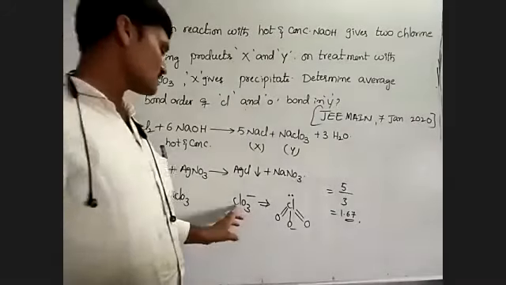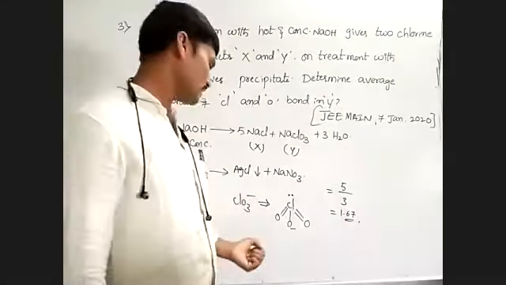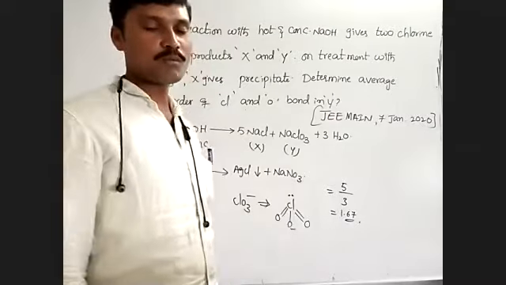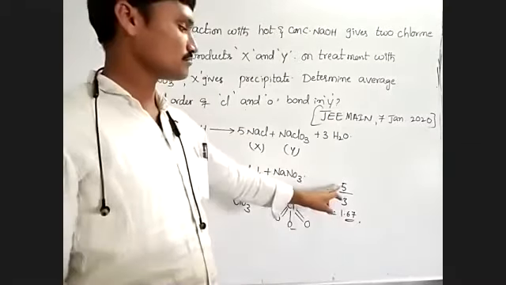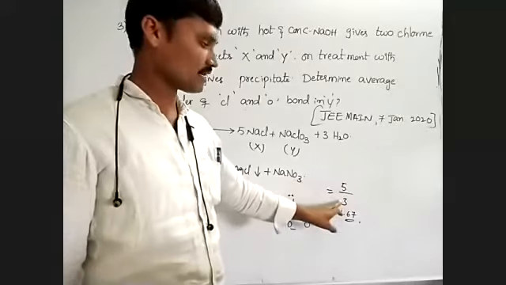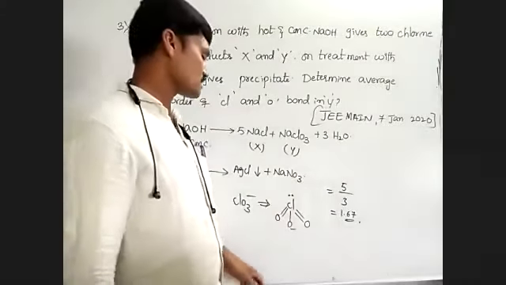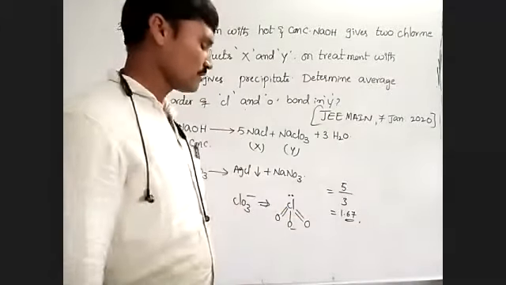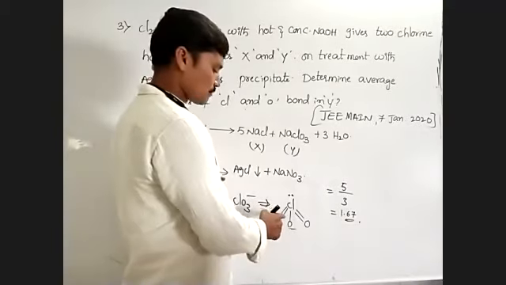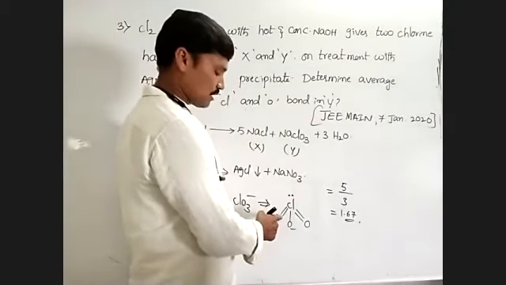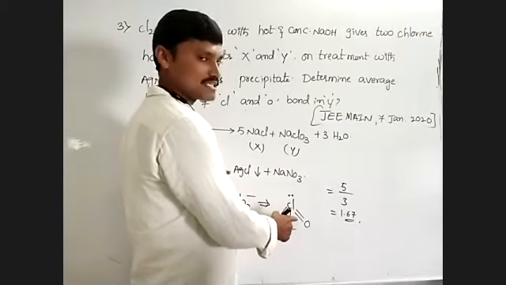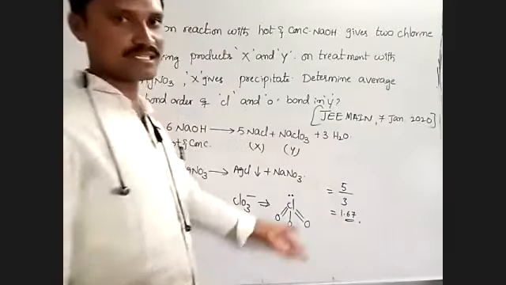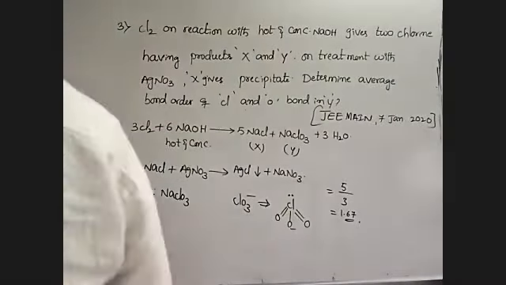Looking at the structure of the chlorate ion, the average bond order is the number of total bonds divided by the average bond count. The total number of bonds is 1, 2, 3, 4, 5, so 5 by the average bond count. Here each double bond is considered as a single bond, so 1, 2, 3. 5 by 3 is equal to 1.67. That is the answer. Okay, note this down.